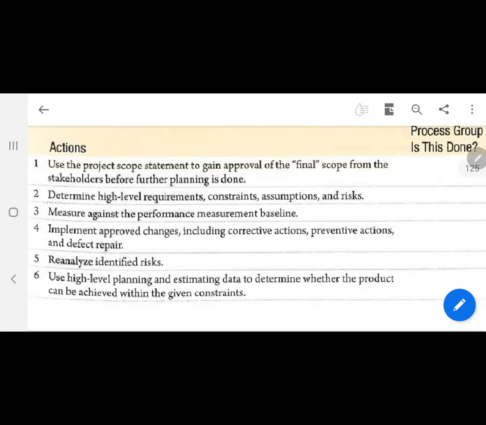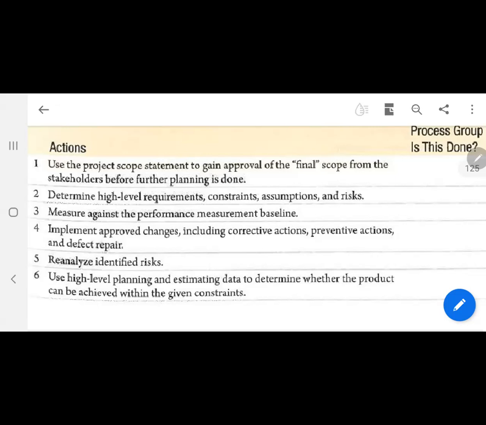At initiating, you are creating the charter, and the charter has the overview, the executive summary about the project. So you are using words like high level, high level, high level. All requirements are at the high level.